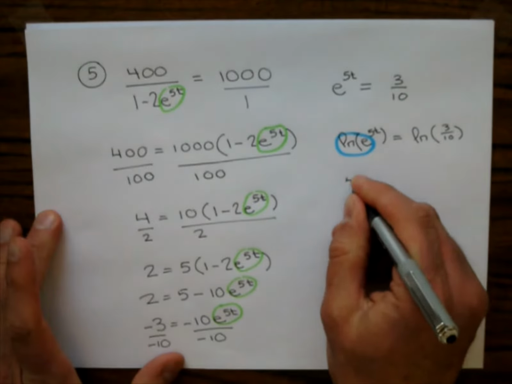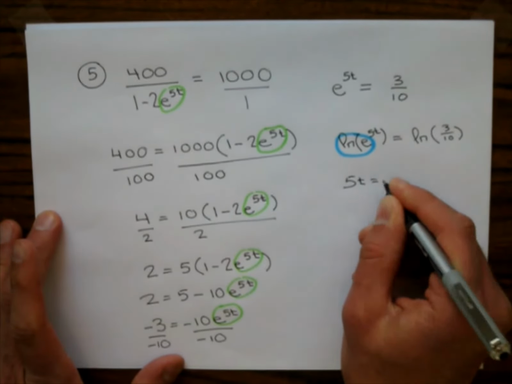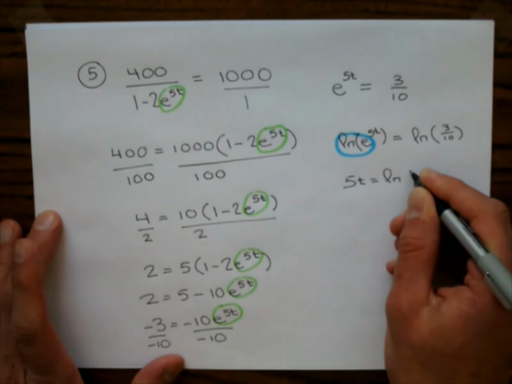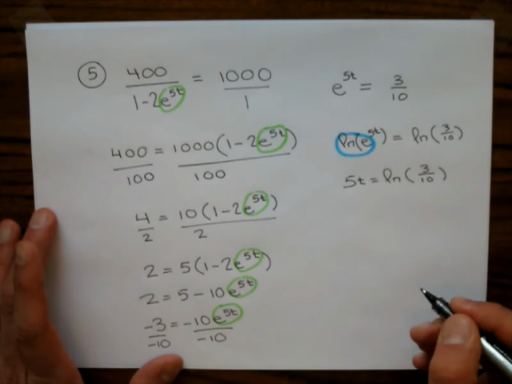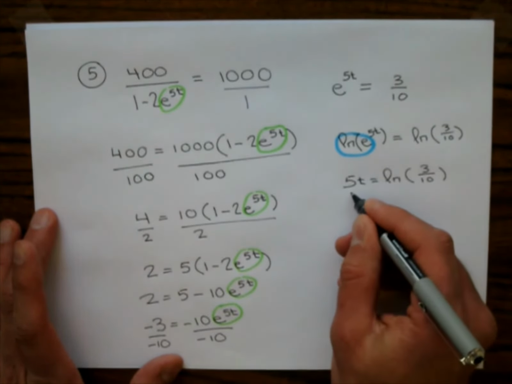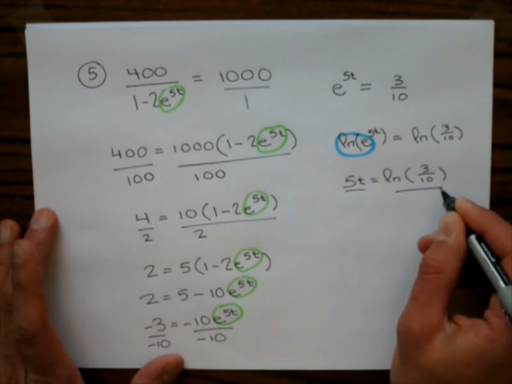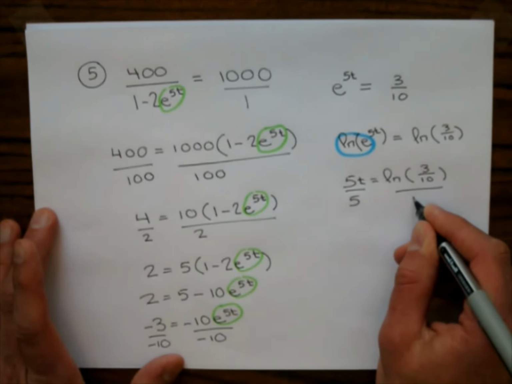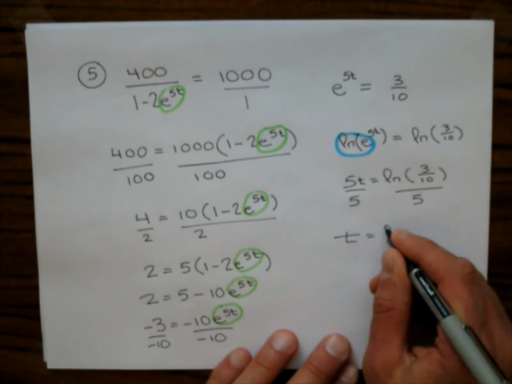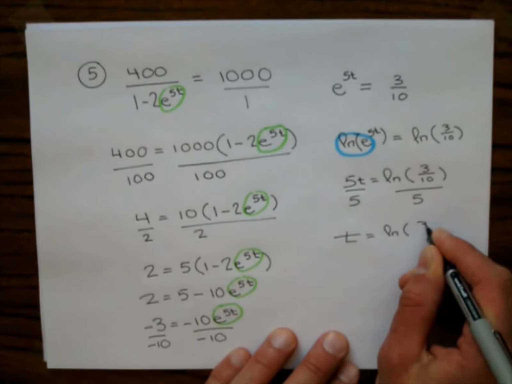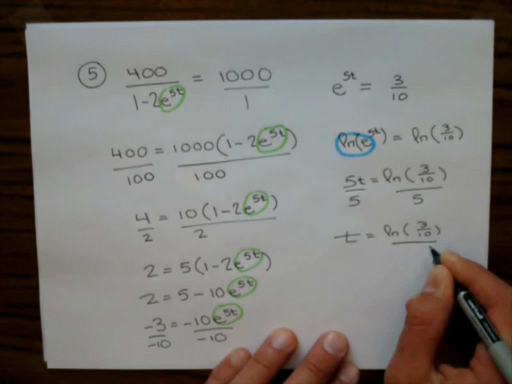You have 5t equals ln 3/10. You could put 0.3 there if you'd like. I'm almost done solving for t. Going to divide both sides by 5. And I have t equals ln 3/10 over 5.